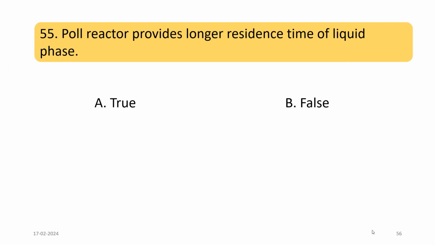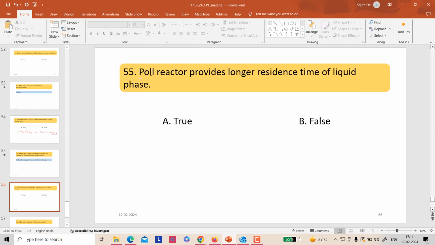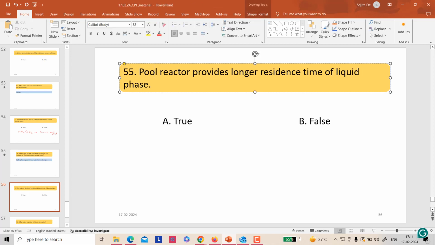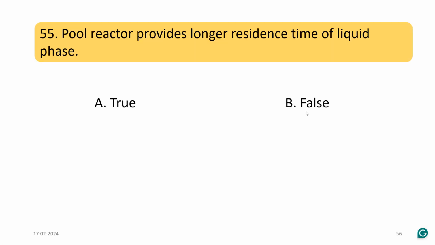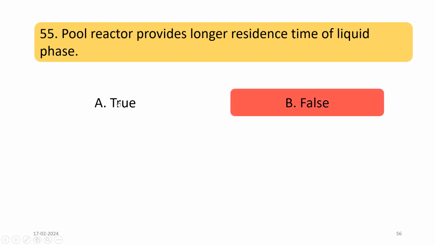Next question is the pool reactor provides longer residence time of liquid phase. It is not pole, it is pool reactor. My mistake. Pool reactor provides longer residence time of liquid phase. So it is true.